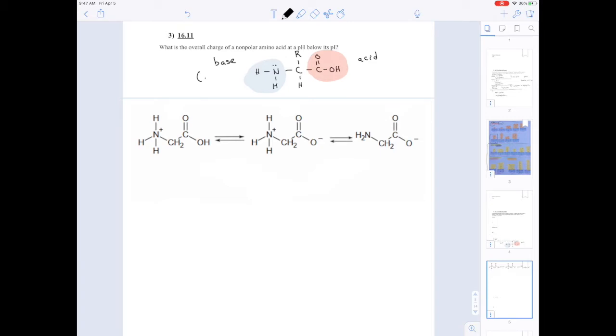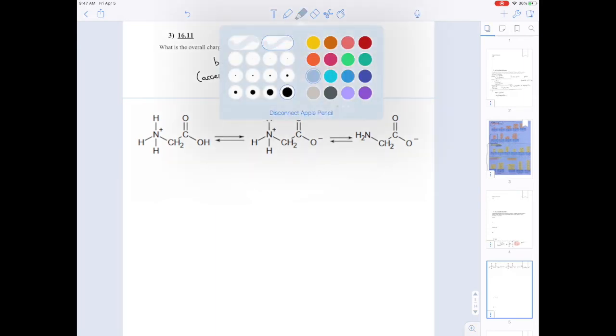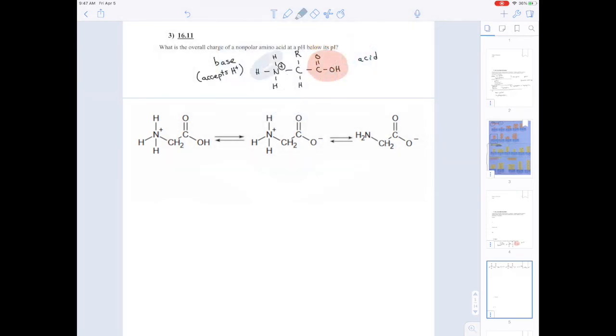Remember that a base accepts H pluses. And so when you put an amino acid into water, this basic functional group, the nitrogen, takes those electrons and uses them to glue a new hydrogen with its plus charge onto it. So that is your new group there.